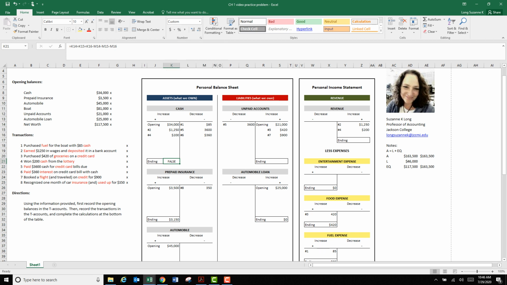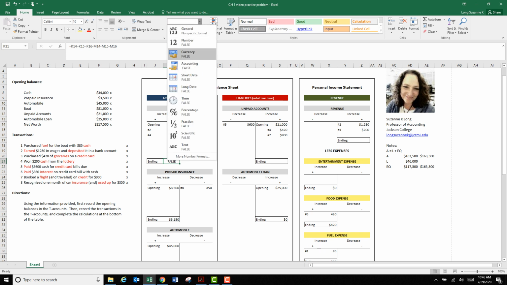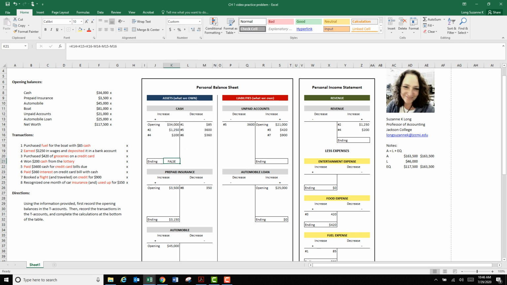And it said false, right? So in Excel it's like, sorry. Up here it says custom. It should say currency. Let's try it again. Plus, plus, minus, minus, minus.